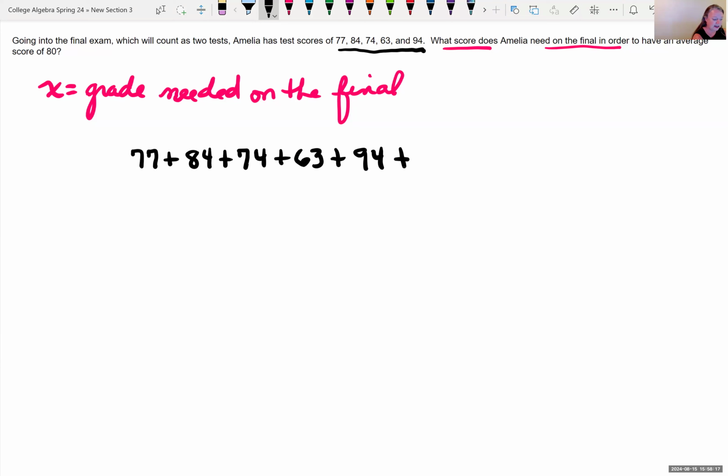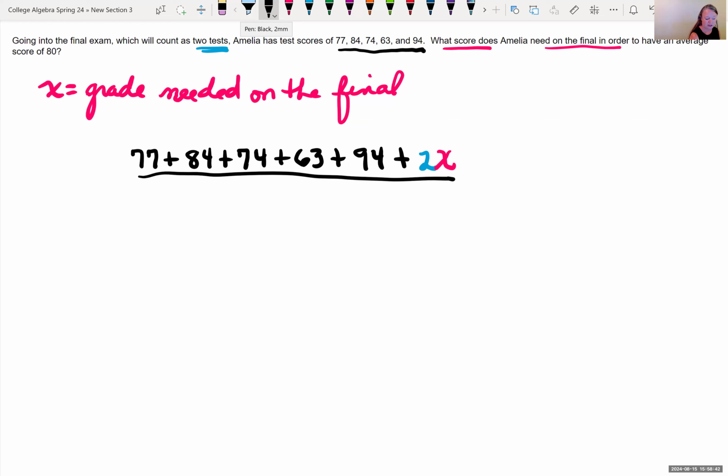But again, this final is worth 2 test scores. So I'm going to write it as 2 times x, making it weighted as 2, is equal to, or in the actual average, we need to divide by the number of scores that we added up, treating the final as 2 different tests.